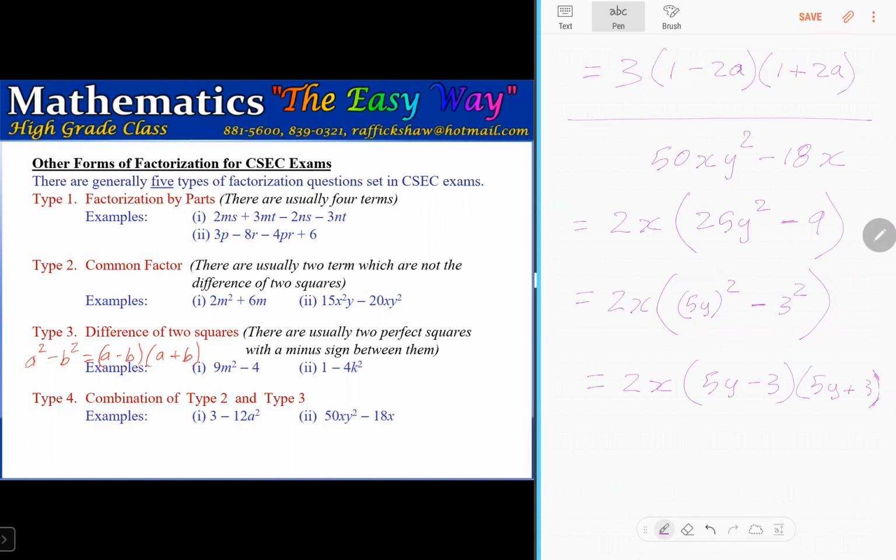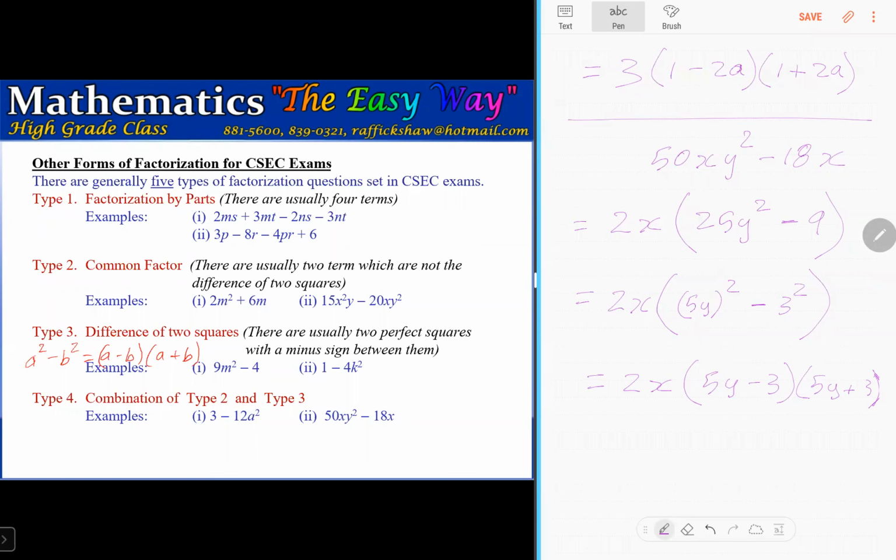And what's the other type of factorization? Which one is type 5? Type 1 is factorization by parts or by grouping. Type 2 is just common factor. Type 3 is difference of 2 squares. Type 4, that I said, is the combination type, where we combine those.